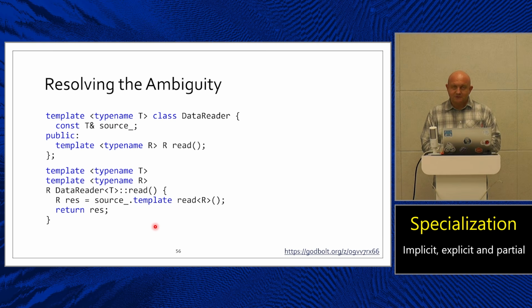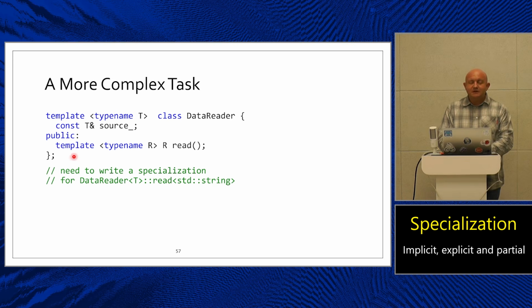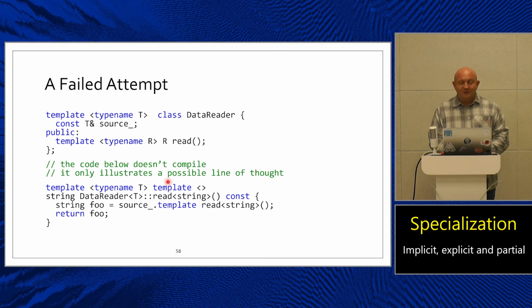A more complex task is to write an explicit specialization of the read function specifically for std::string, for R equal std::string. How would you do this? And again, please pause the video, take a sheet of paper, and write it down. 3, 2, 1, okay. You probably did something like this, and this is blatantly wrong.